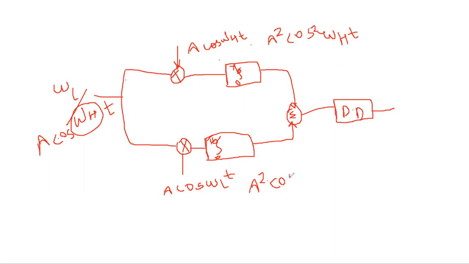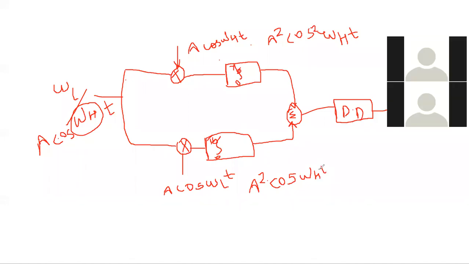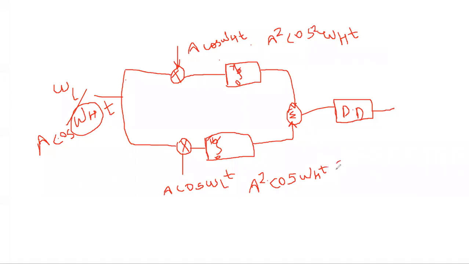We have to take the two components cos A and cos B, so cos A will be, suppose, cos omega h t multiplied by cos omega l t. So in the lower branch, the two frequency components multiplied are different, so we will not get a cos squared term. Now these inputs are given to the integrators.